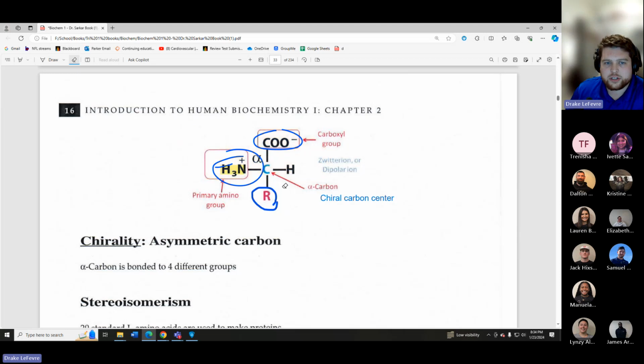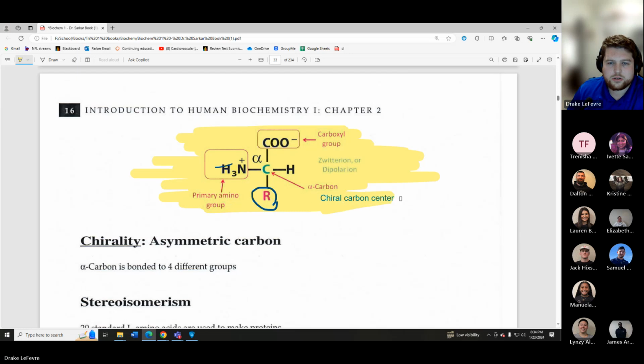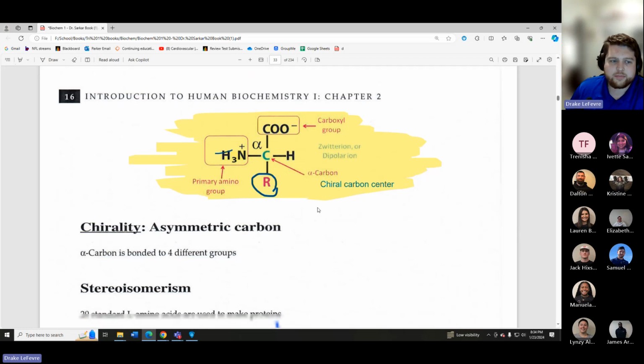The R group is going to determine the properties of the amino acid, whether the amino acid is basic, acidic, sulfuric, ring structure, that sort of stuff. We'll get into those. That all depends on the R group, because all the rest of this is the exact same on every single amino acid.